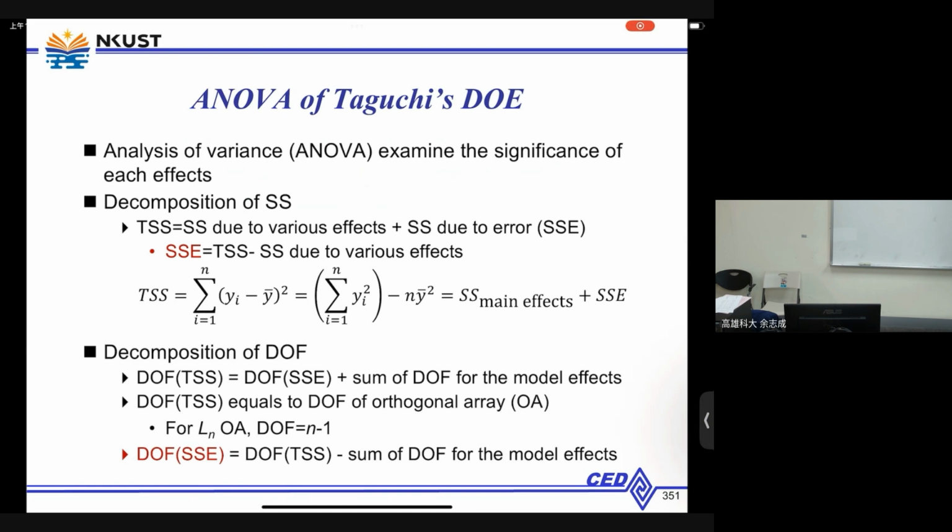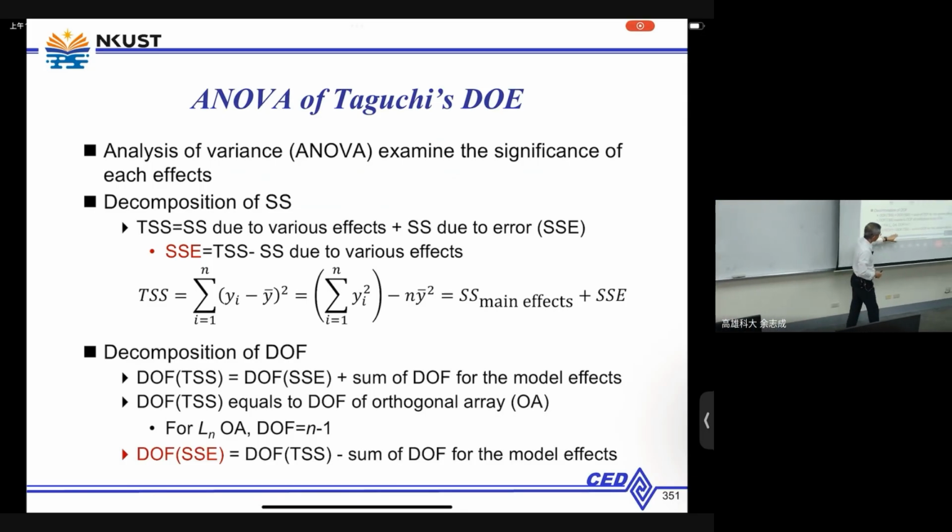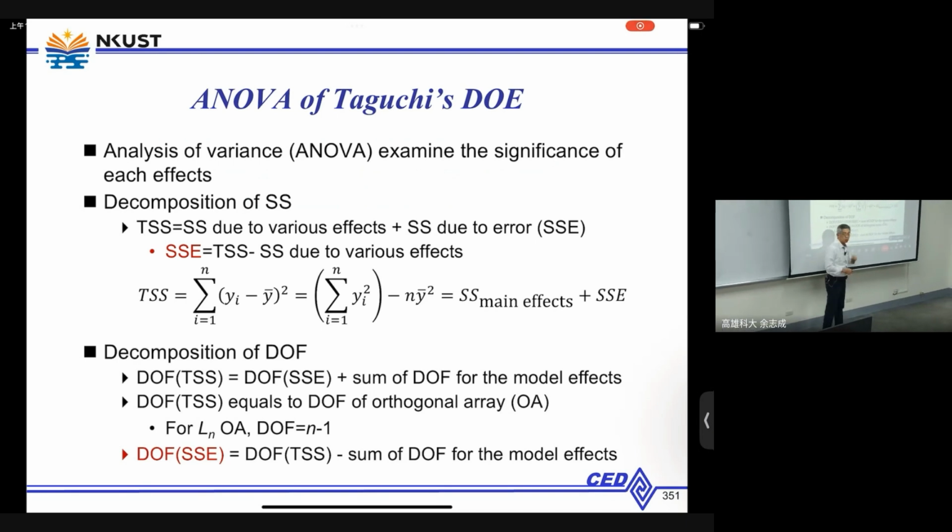The degree of freedom for the sum of square will be the total degree of freedom, which is the number of experiments in the inner array minus 1, minus the model degree of freedom, which is the main effects, maybe some interaction effects if you want to calculate the interaction effects in the future. And the rest, when you subtract the degree of freedom due to the model, you get the degree of freedom for the error.